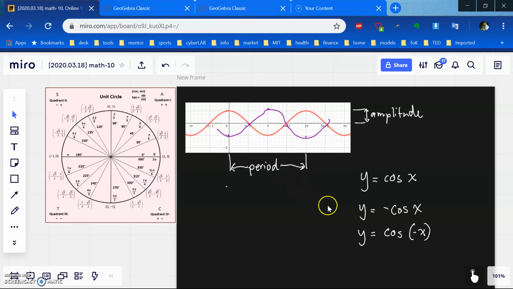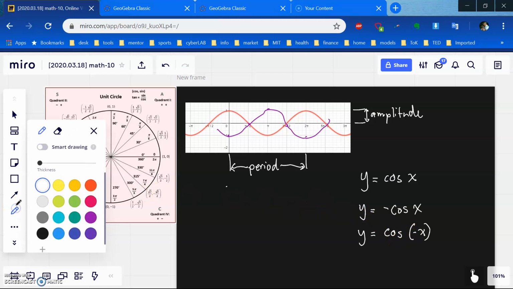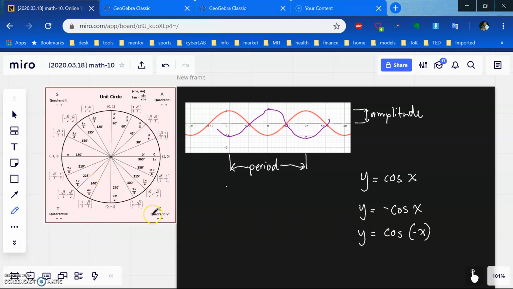So here's a strange answer, isn't it? Cosine of negative x is not going to be the same as when we were talking about sine. These two were the same. In this case, it's not going to be that. The cosine of negative x is going to be the same as that one.